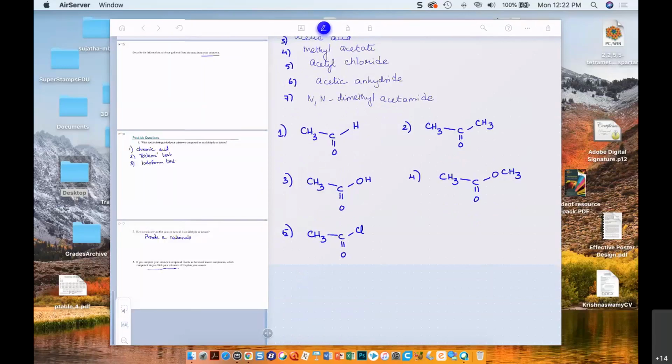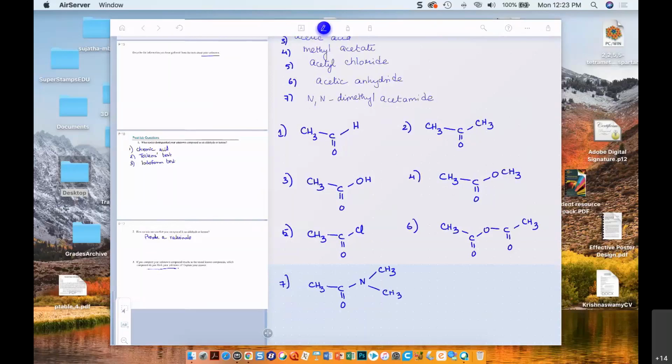I'll follow the chat, so go ahead and let me know. Acetic anhydride. We're keeping it very simple with a methyl group. That's the whole thing. And then we have acetamide, but this is an N,N-dimethyl. So you've got nitrogen connected to three groups.